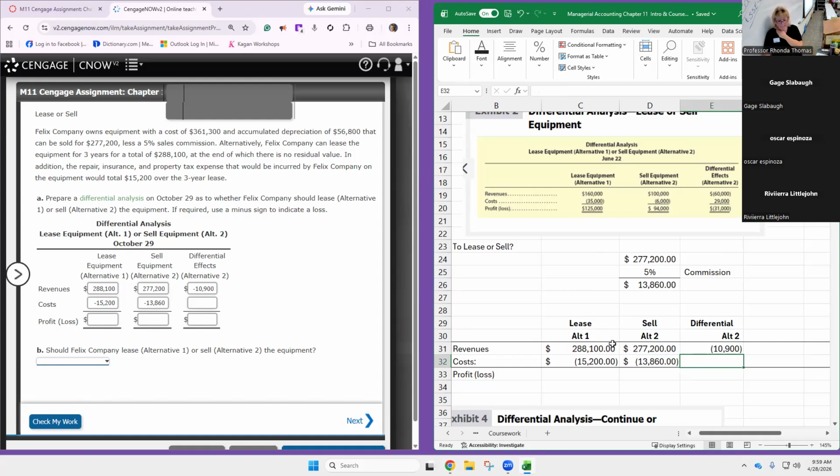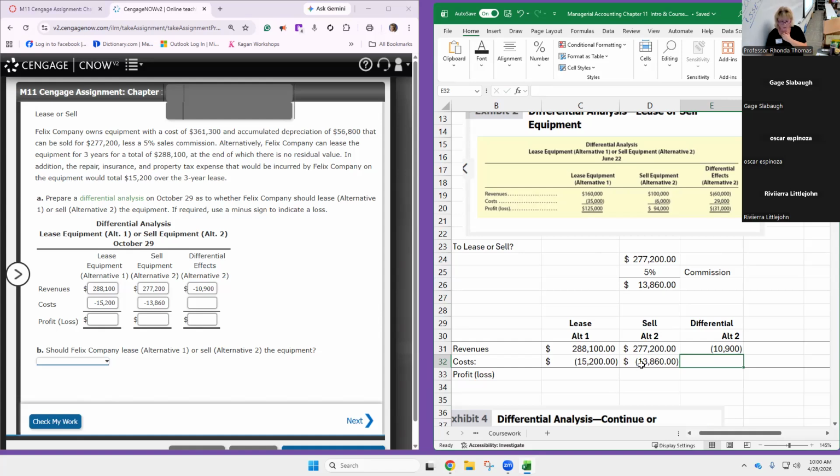If I had taken lease and subtracted the sale... whatever alternative you're using, that's the one you start with and you subtract the other. To me, I would have just put a sale on this side. Anyway, we're going to follow the book.